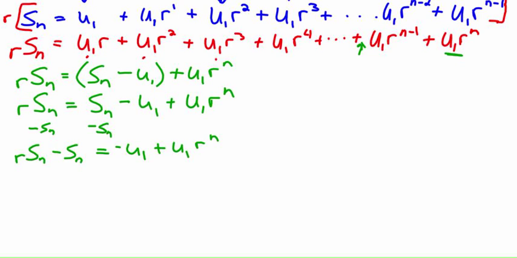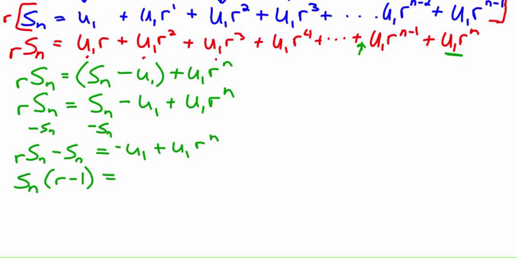Okay, just doing some basic subtraction, some basic algebra here. All right, so now I'm going to factor out my s of n over here on the left. So I've got s of n times what? Times r minus 1 equals, and I'm just going to do a little rearranging over here.